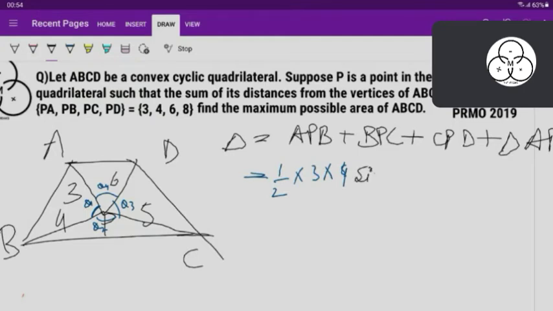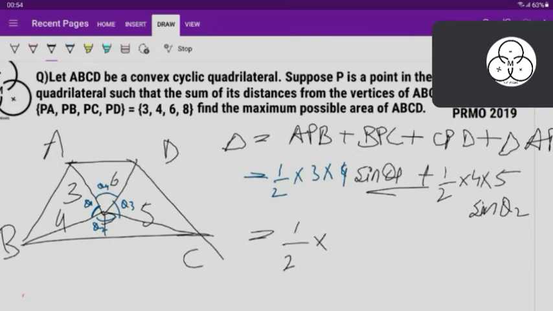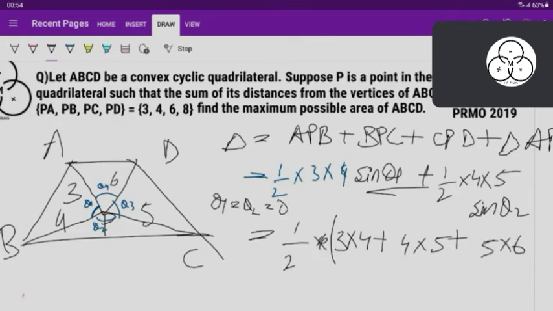Half into 3 into 4 sine theta 1 plus half into 4 into 5 sine theta 2. So simply we'll consider that theta 1, theta 2 and theta 3 are 90 degrees. We'll get the maximum area as half into 3 into 4 plus 4 into 5 plus 5 into 6, considering theta 1 equals theta 2 equals theta 3 equals theta 4.